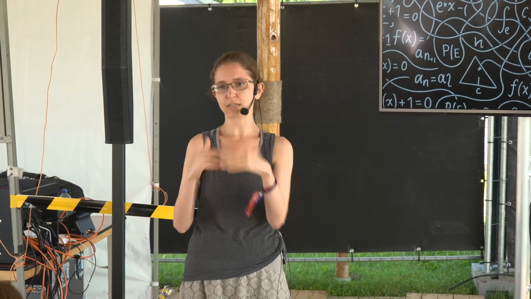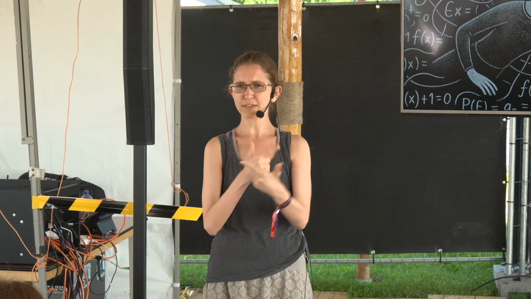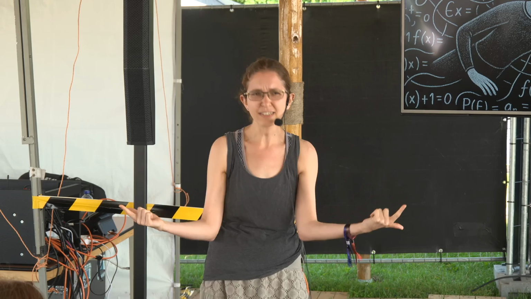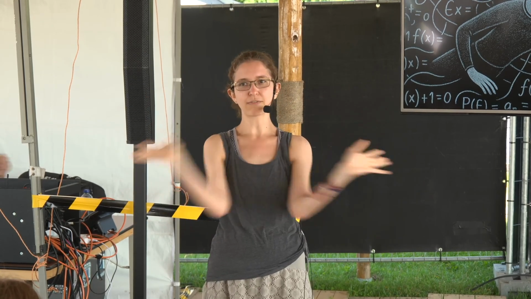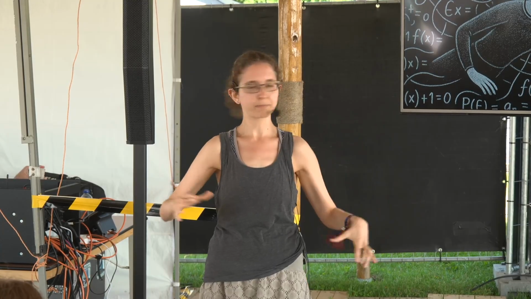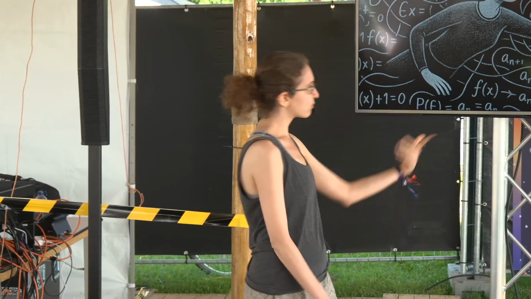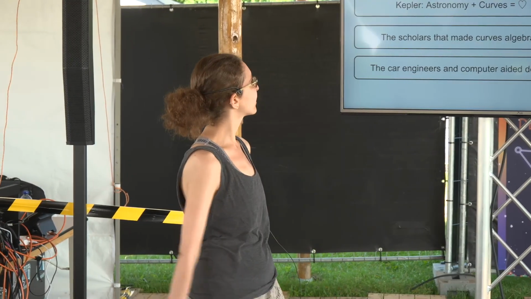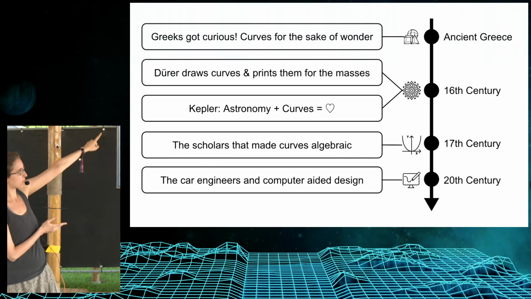I want to convince you that there is sort of a feedback loop. But it's not really a feedback loop. It's more like a spaghetti sort of feedback, because many things are interconnected here. So, as always, we want to start from this, our timeline for the curves. We will start from ancient Greece.